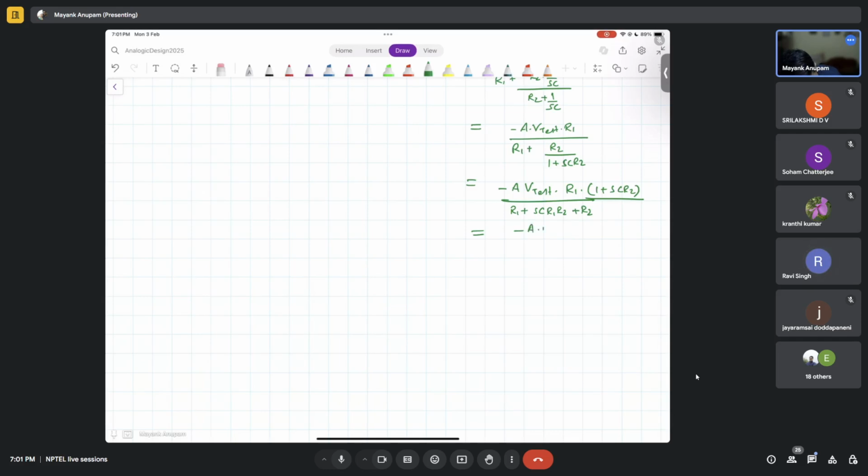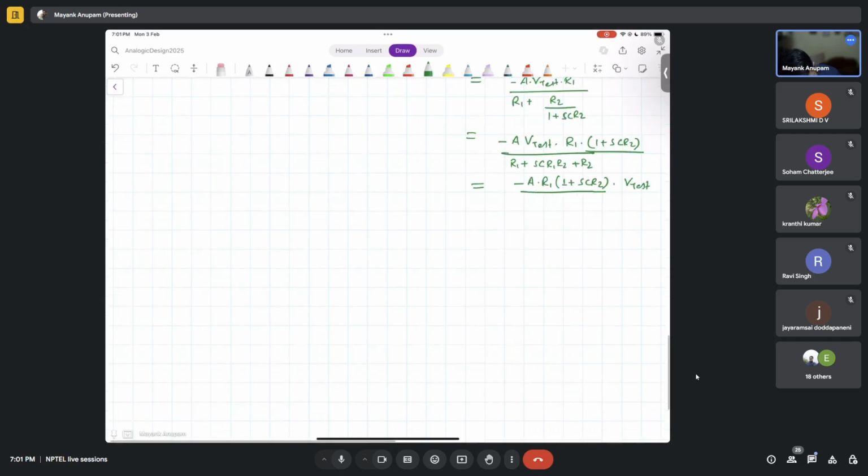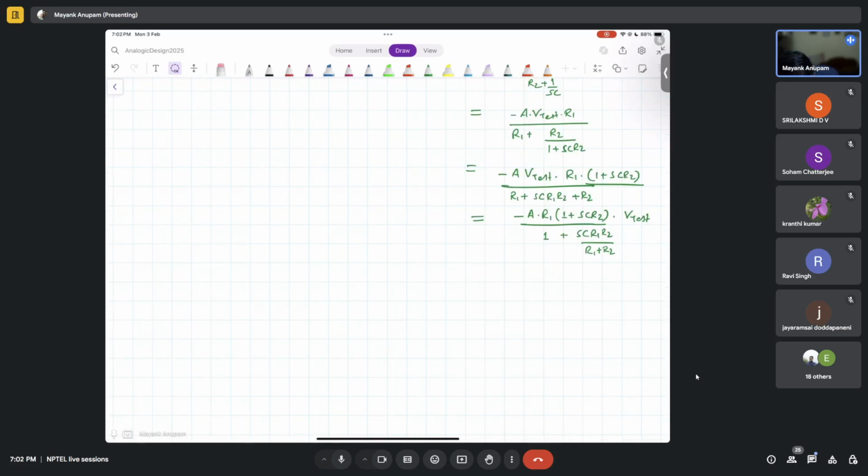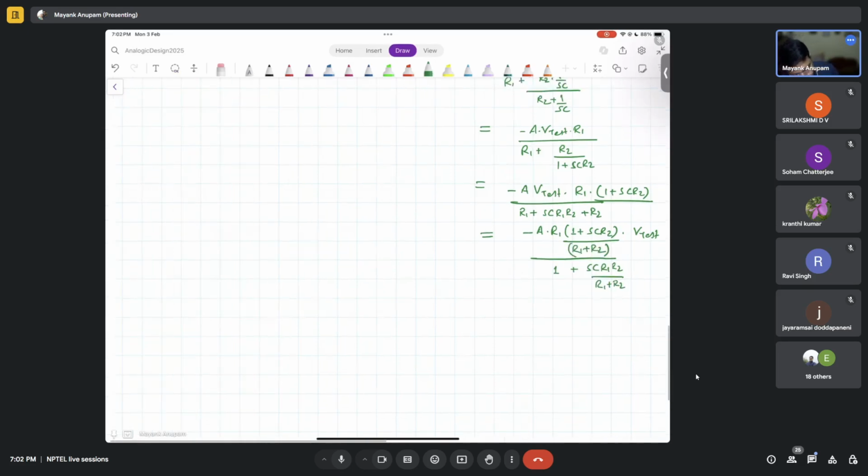Minus A times R1 times 1 plus SCR2 times V test divided by R1 plus R2 plus SCR1 R2. If you take R1 plus R2 common, it will become 1 plus SCR1R2 over R1 plus R2, right? So what is your loop gain?